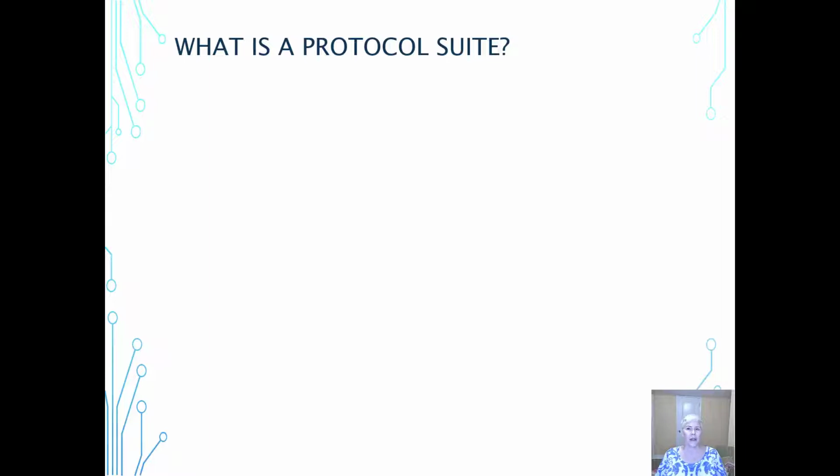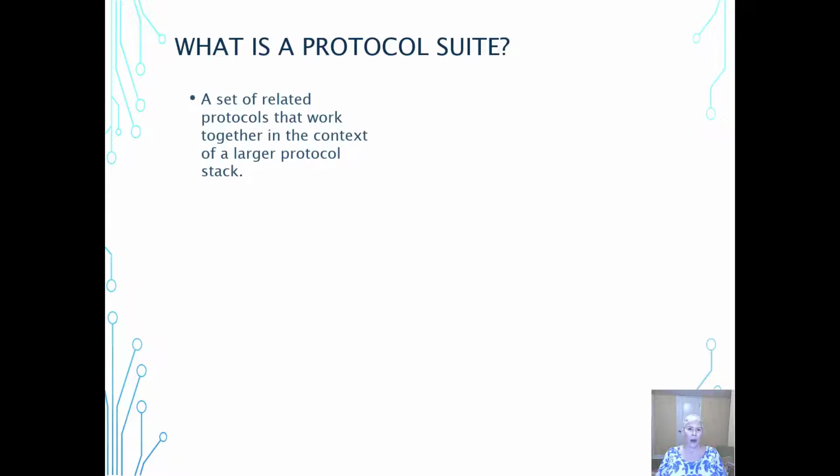First of all, what is a protocol suite? A protocol suite is a set of related protocols that work together in the context of a larger stack. Now, what does that mean? Basically, when we're talking about how data moves through the network, we're talking about the way that it's moving through different layers or different stacks, and that at each of those layers, particular protocols will work at those layers.